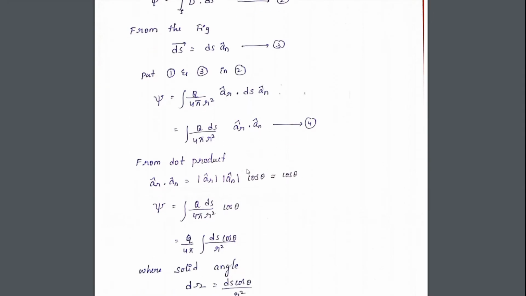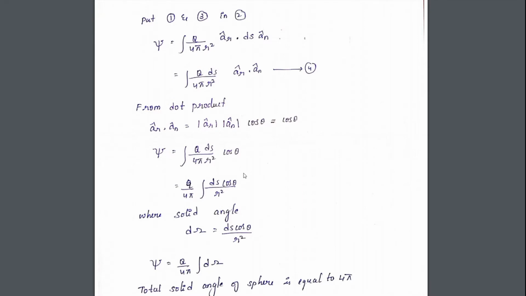Then you know the dot product of two vectors is the magnitude of first, magnitude of second into cos theta. So AR dot AN will finally become equal to cos theta here. This dot product value is substituted back in 4.